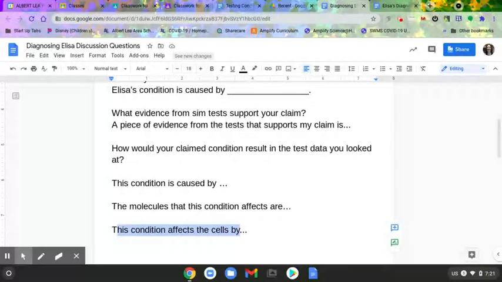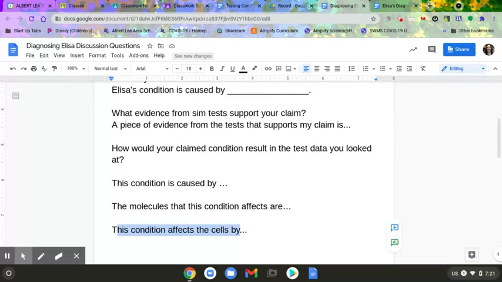So the cells aren't going to be able to make energy, resulting in somebody feeling tired. So we know the answer to that question that we would be discussing if we were in groups today. Then it's coming back to what the condition is caused by and which molecules are affected. And then looking at the data to say, okay, because of these numbers being low, and connecting it to the sim and describing how that fits the claim that she has that condition.